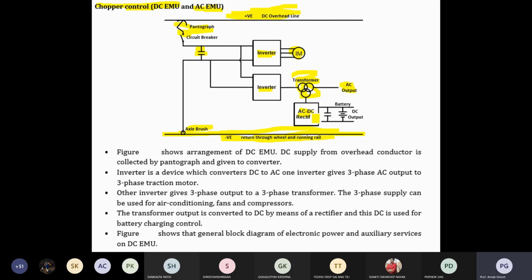Then an AC/DC rectifier is also required for your battery. The battery is charged from this AC/DC bidirectional rectifier, and that battery can also feed the inverter. That's the basic concept.